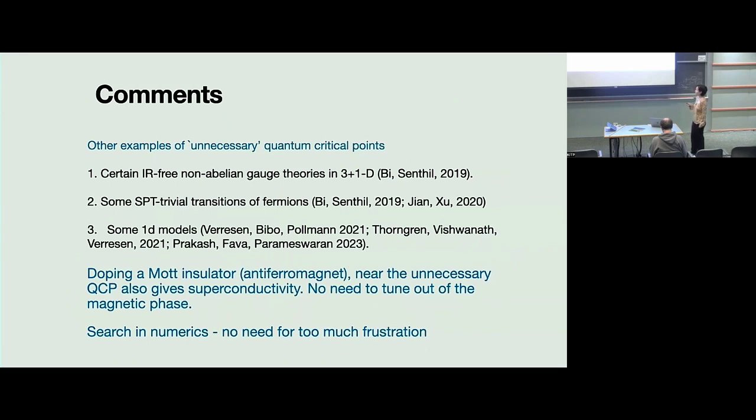So there is no need to actually tune out of the magnetic phase. And also the search in numerics for this Dirac spin liquid on the square lattice does not need too strong frustration in the Hamiltonian, since we can do it inside the Néel ordered phase.